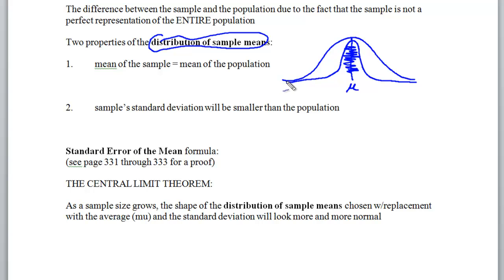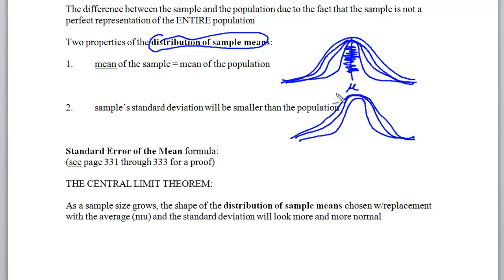But as we get bigger and bigger sample sizes, what will happen is that this will get closer and closer to the total population. So when our sample size is very small, we're going to have a very small standard deviation. But as our sample size gets bigger, then we're going to have a much bigger standard deviation to where it's actually going to match the real mean and standard deviation of the entire population.